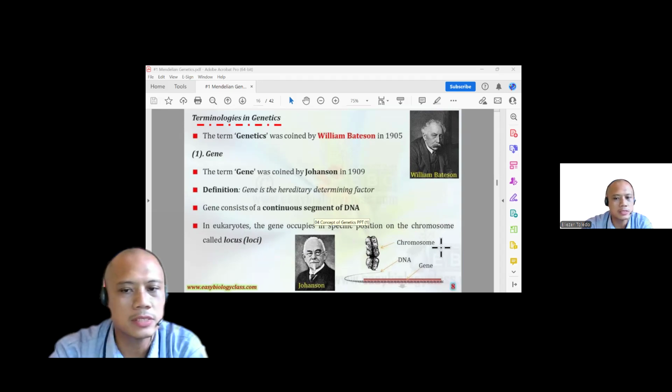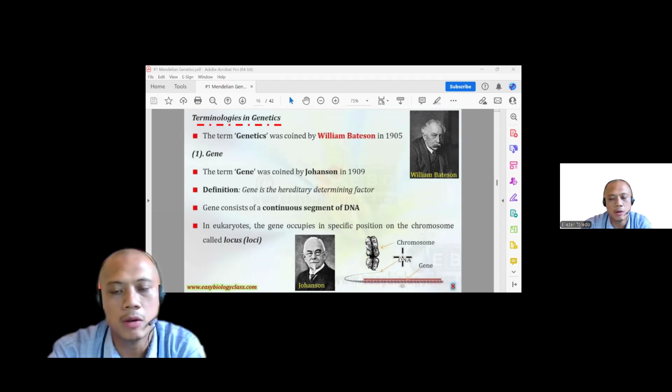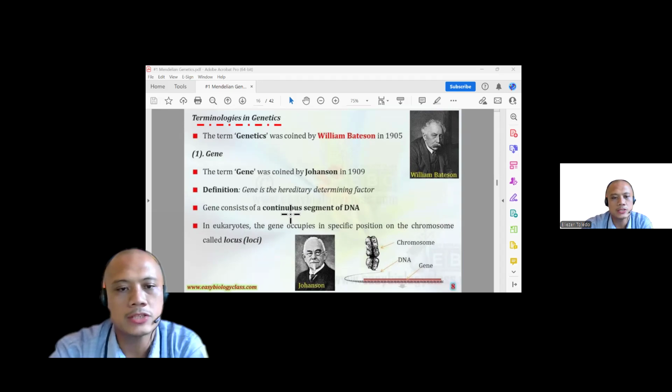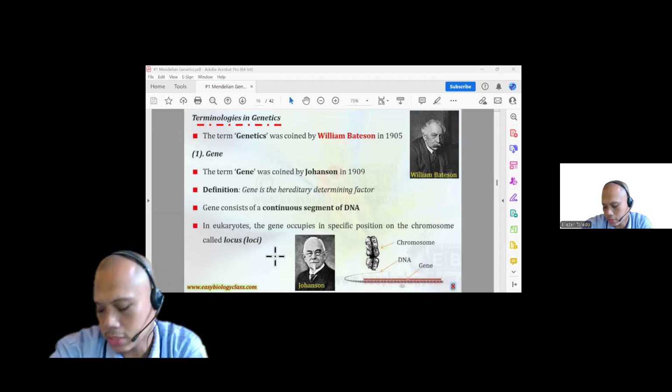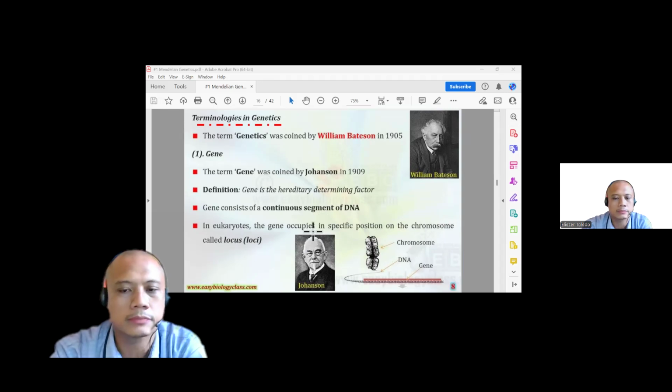You can also see here how a chromosome looks. Let's go to the next slide. Take note of this one, locus or loci. A locus is singular and loci is plural.